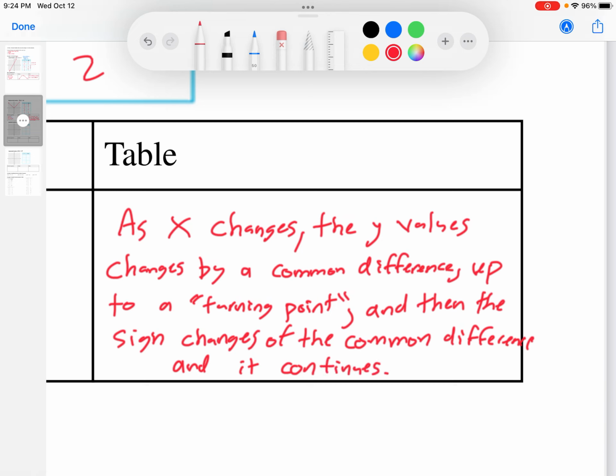Sorry, that's an awful lot there. You can pause the video to write that down. So what does this say? It says, as x changes, the y value changes by a common difference up to a turning point, and then the sign changes of the common difference, and it continues.